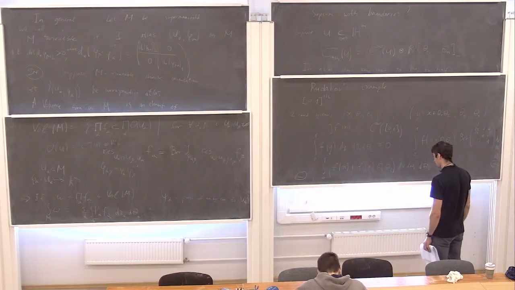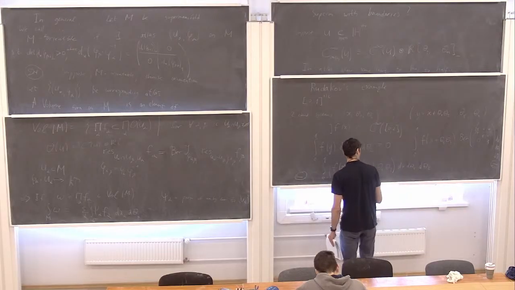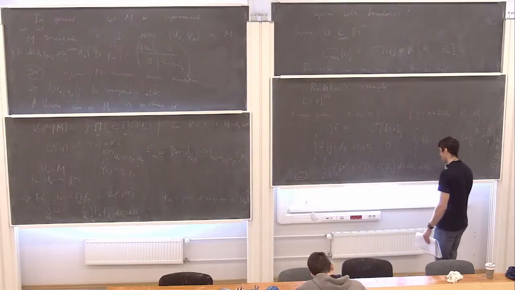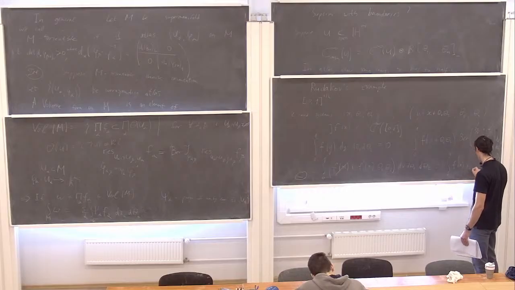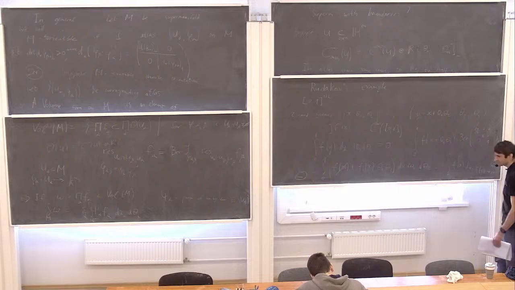And this term is gone, and this term is just the integral from 0 to 1 of f prime of x dx. So it's just f of 1 minus f of 0. So now it's not 0, just because of this term.